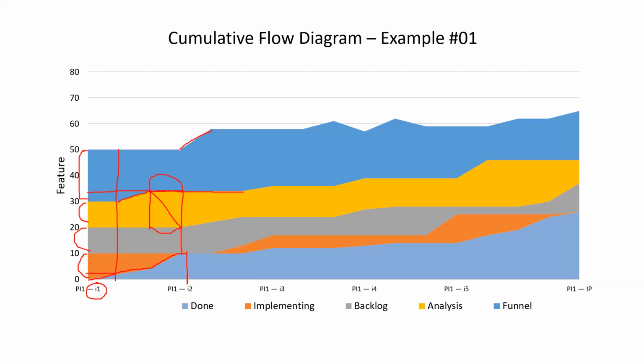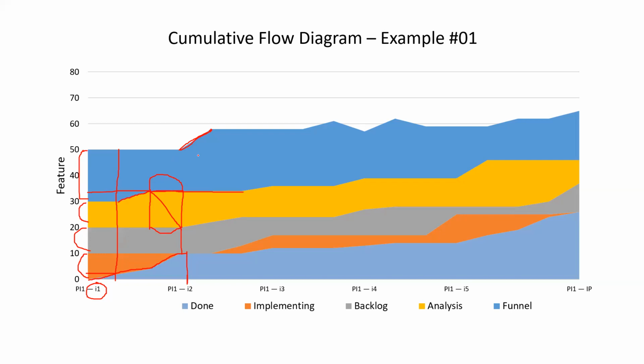But at the same time, the funnel increased from 50 to maybe 58. So if we assume 34 to 58, initially it is 20 issues, now it is like 24. Which means 4 more issues than the initial were added into the funnel.